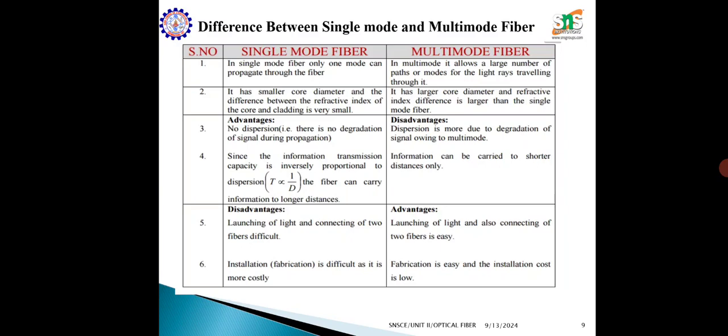The advantage of single mode is no dispersion, but multi mode has the disadvantage of more dispersion because of the more number of light waves. In single mode there is a disadvantage: launching of light and connecting two fibers are very difficult. But the advantage in multi mode is that launching of light and connecting two fibers is very easy.